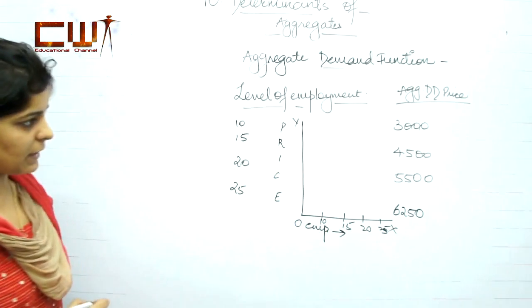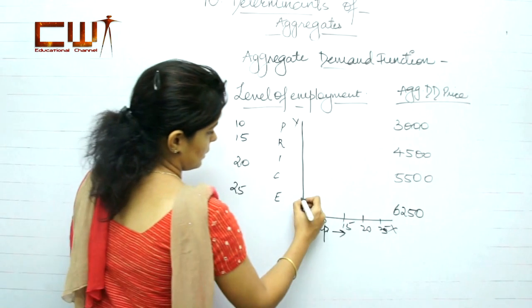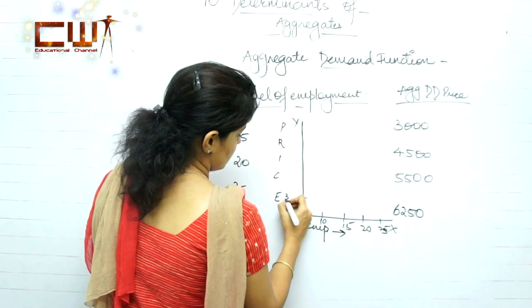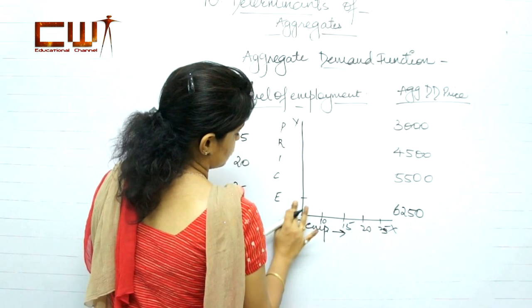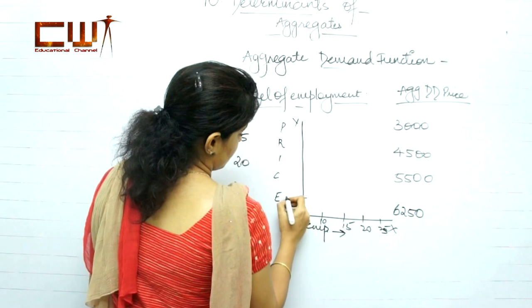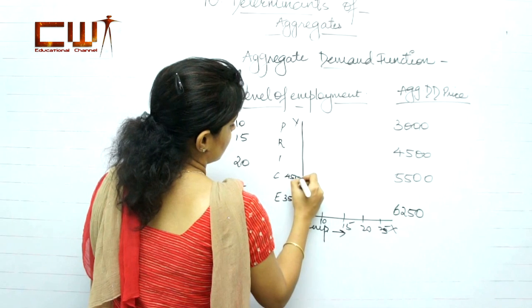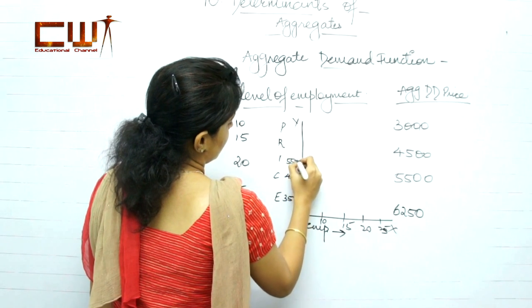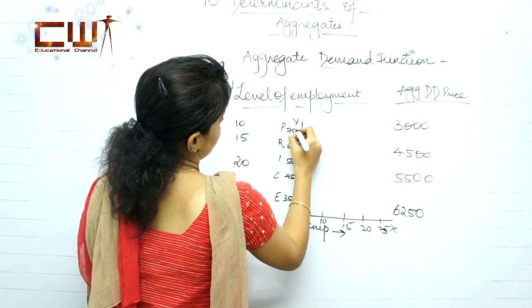Then you have the price. You can take 3,000, 3,500, 4,500, 5,500, 6,500, and finally 7,500.